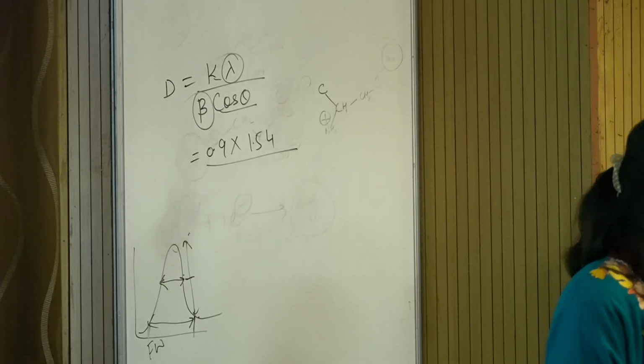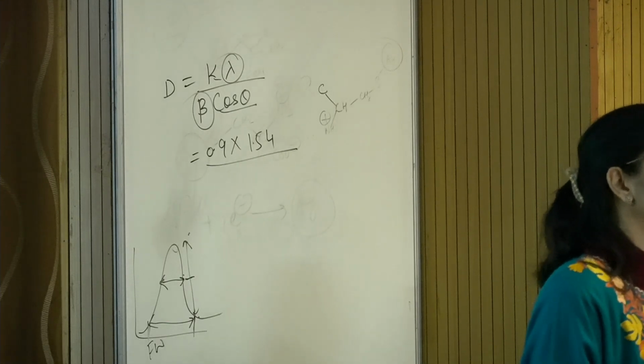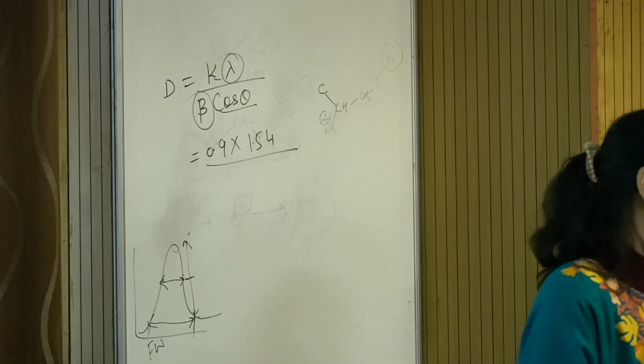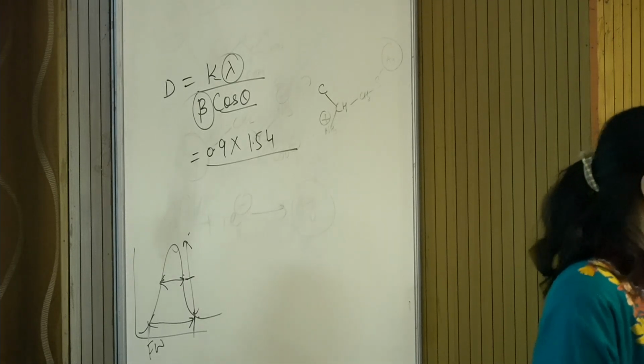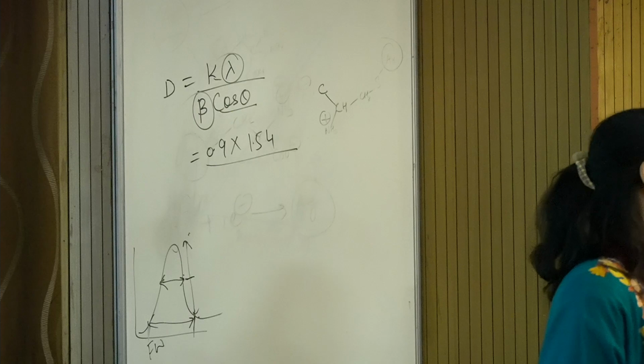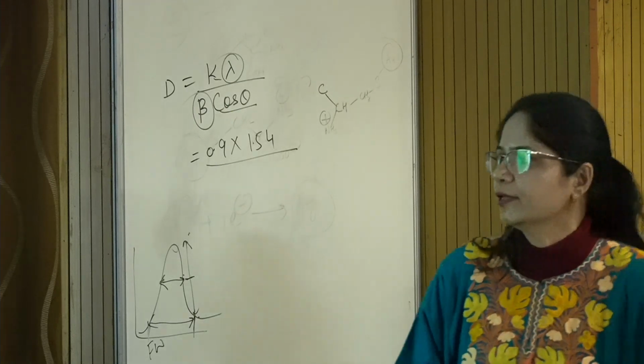You can compare the XRD data with your TEM analysis also. So you can compare both and find out the average crystallite size of your nanoparticles.